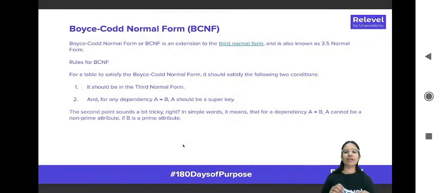The second point can look a little bit tricky, because we have not really worked with super keys a lot. So in simple words, we can say that if there is a dependency from A to B, A cannot be a non-prime attribute if B is a prime attribute.